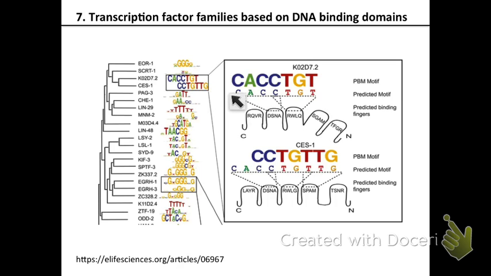And if you actually line up the DNA sequence motif for this transcription factor against the other transcription factor and look at the amino acid sequences in the zinc fingers, you can kind of guess which amino acids are recognizing which of these DNA sequences, and why this transcription factor is slightly different from this transcription factor is because they have different amino acids in the zinc fingers recognizing different DNA sequences, okay?